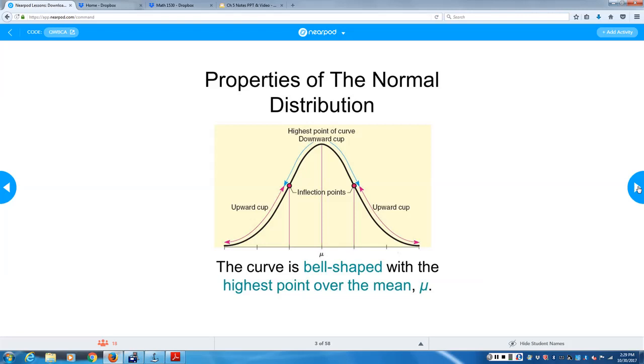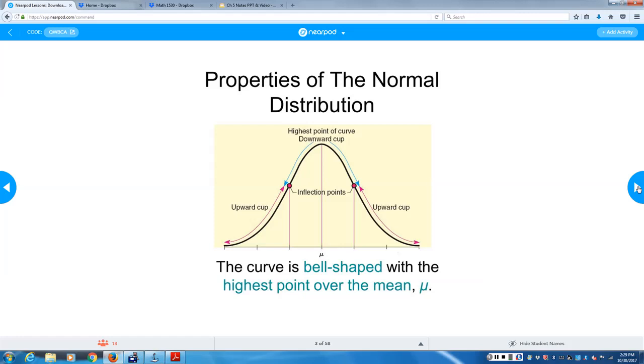There will never be a table for normal probability distributions. If you see a table, the table tells you it's discrete. Because in normal probability distributions, we can't list all the values of x because they're measurements. So we're not going to be using tables. We're going to be using a formula, which your calculator already knows, and we're going to be using pictures to make sure that you're doing the formula right.